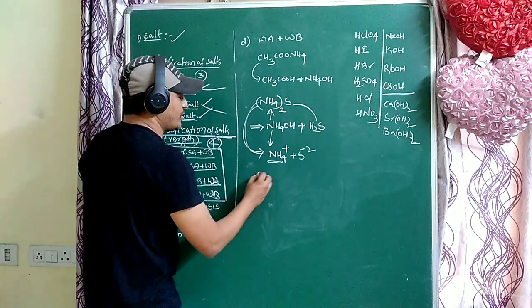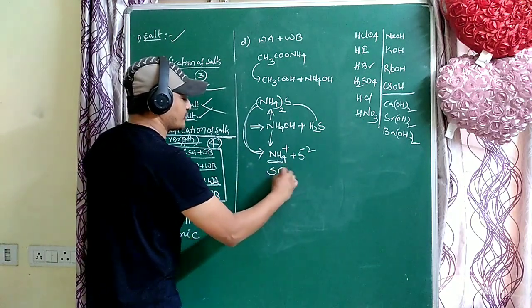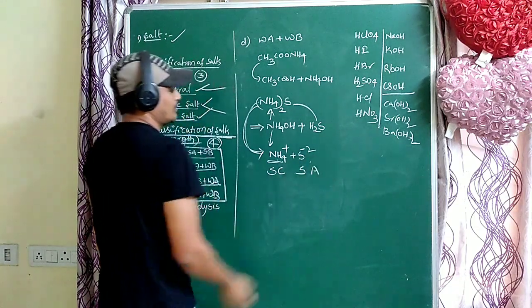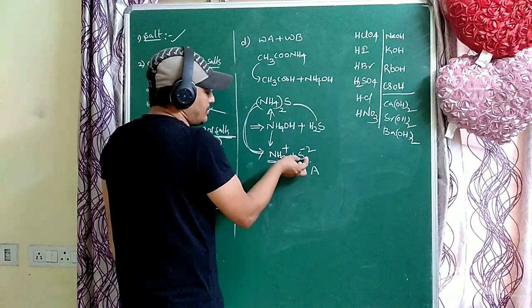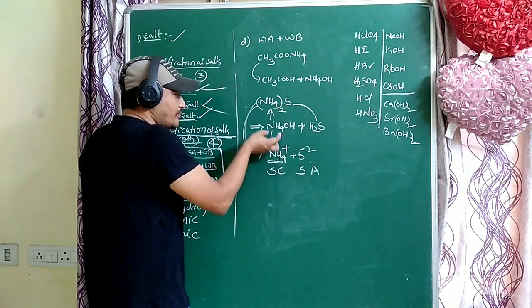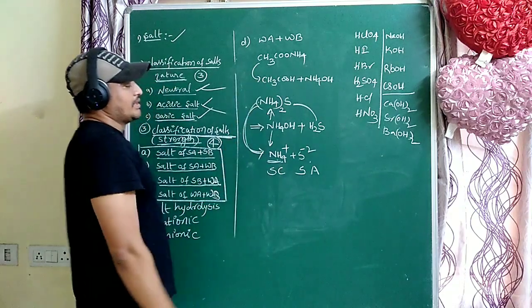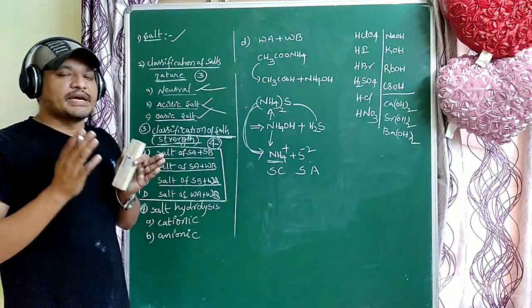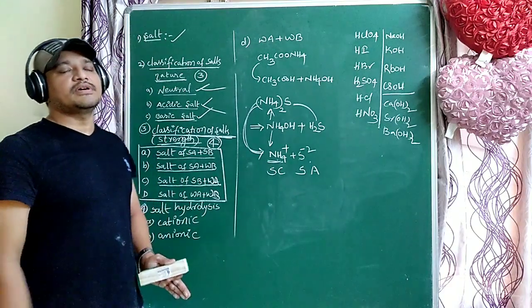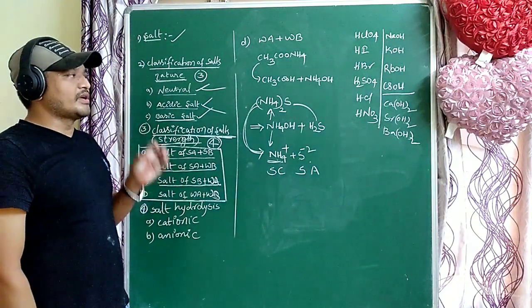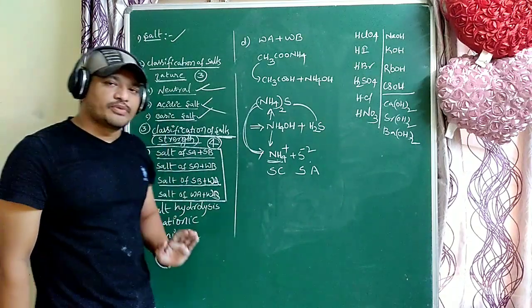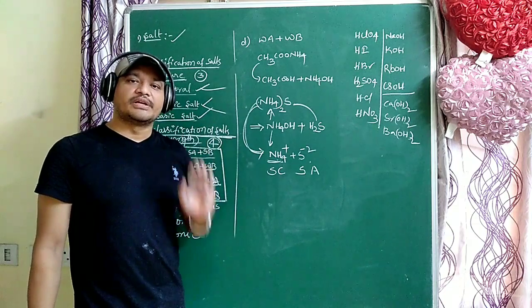This is the strong cation and this is a strong anion. Why? Because the anion came from weak acid, and the cation also came from weak base. The ions which came from weak acid and weak base are very strong. The ions which came from strong acid and strong base are very weak.